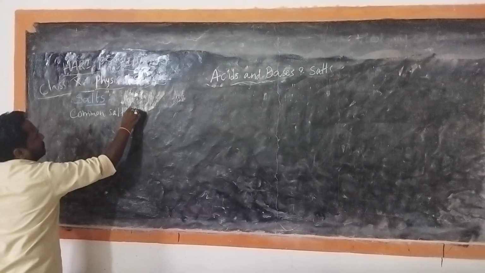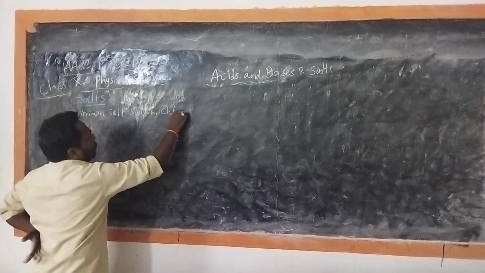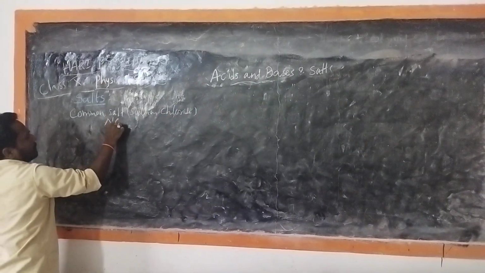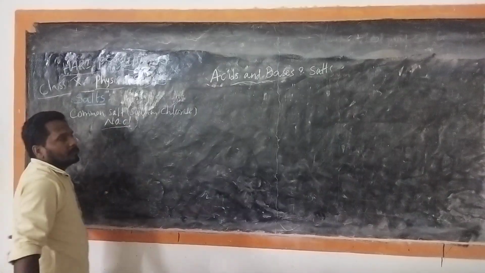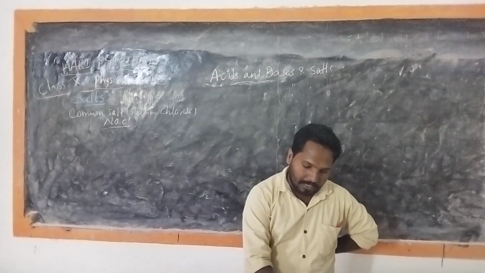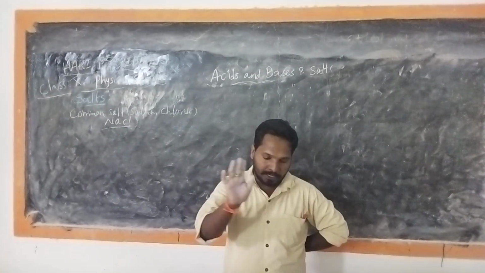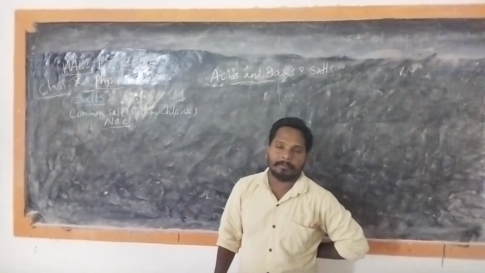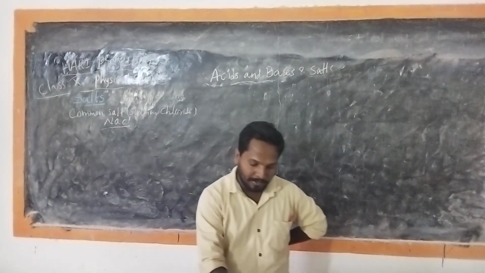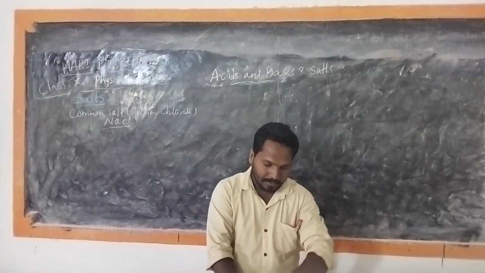We know about sodium chloride, NaCl. The common salt is a white powder used in preparing food. It enriches the taste of food, especially vegetables and pulses.